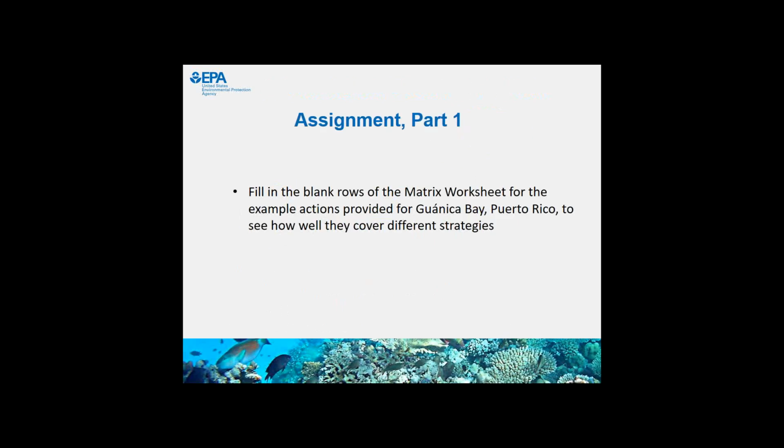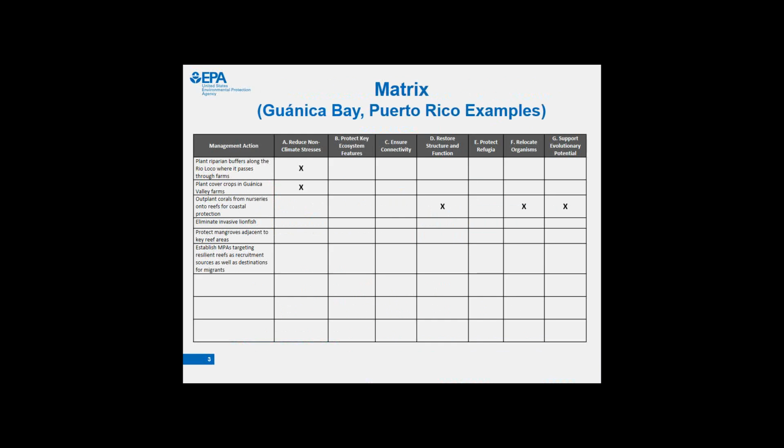We took the case of Guanaco Bay, Puerto Rico. As you know, you had a vulnerability assessment from there, and we focused on this as a case study for activity 1. Likewise, for this activity, we asked you to fill in the blank rows of a matrix worksheet to help you do a bit of a gap analysis, to see how well a handful of real actions developed by our partners in Guanaco Bay cover the 7 strategies covered by the compendium.